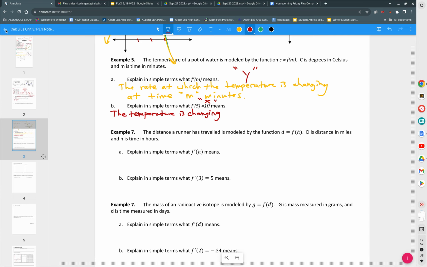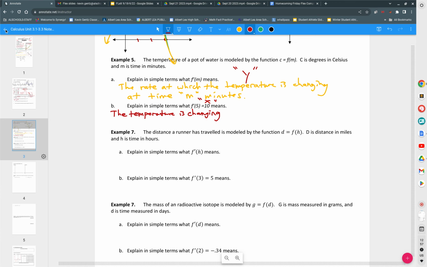How fast is it changing? 5 is the time. It's at 10. Temperature is changing 10 what? Degrees Celsius. The temperature is changing 10 degrees every 5 minutes? No, at 5 minutes. This is 10 over 1.